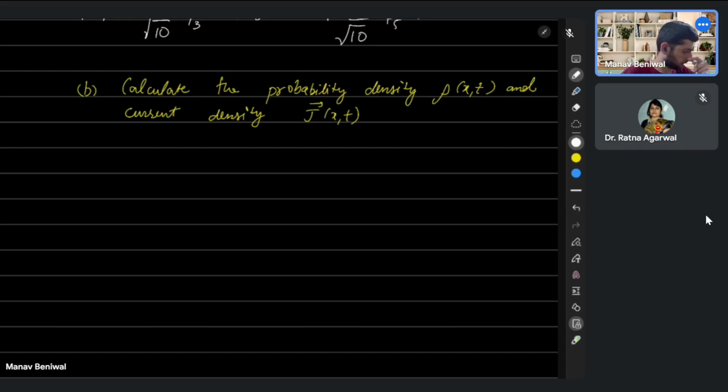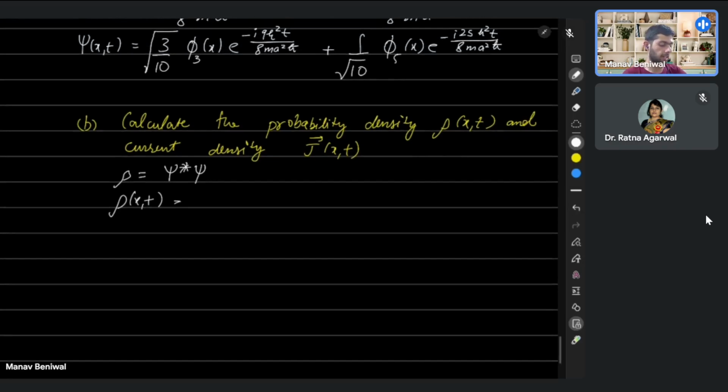Now how do you define the probability density? The probability density rho is defined as psi star psi. Here we can write psi(x,t); we have already calculated psi.